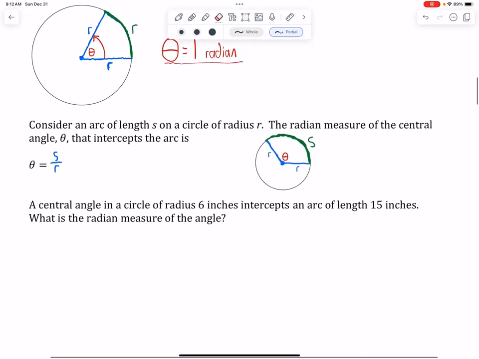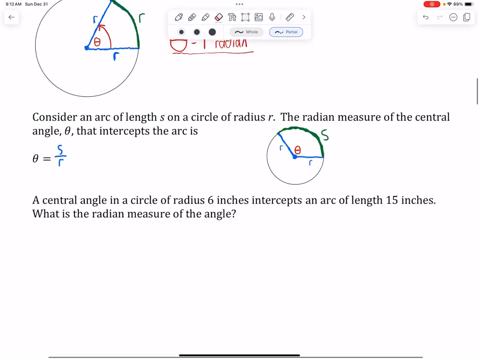So for example, here we have a problem that says a central angle in a circle of radius 6 inches intercepts an arc of length 15 inches. What is the radian measure of the angle?